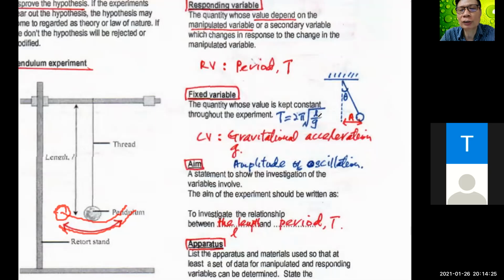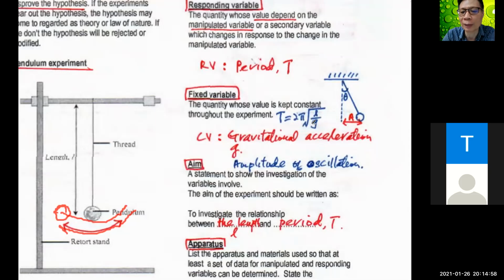So this is the formula to calculate the period of oscillation of a pendulum: T equals 2 pi square root of length over gravity. Remember, only these two things will affect the period: length, the length of the string, and gravity, how big the gravity is where you do the experiment. Mass is not. I think many books also write mass, but if we go to a higher level, we say the mass actually does not affect it.